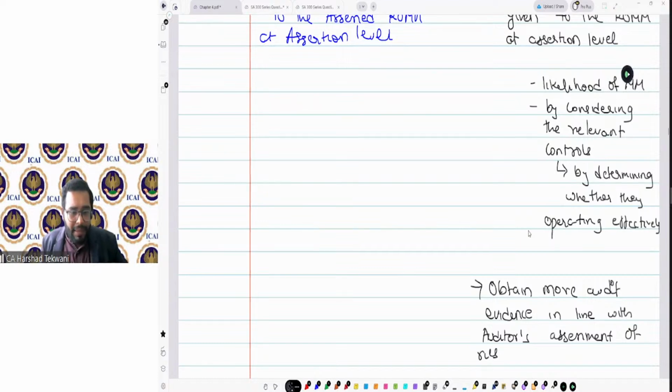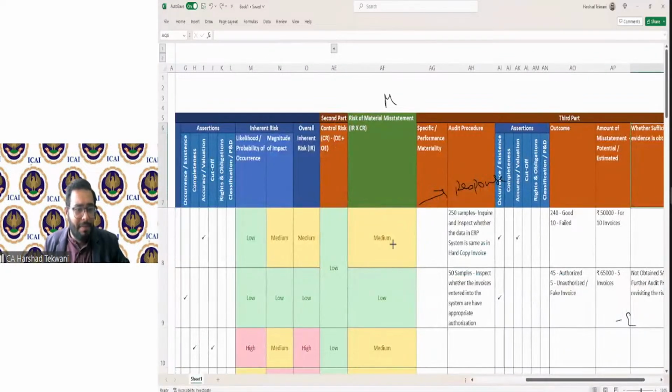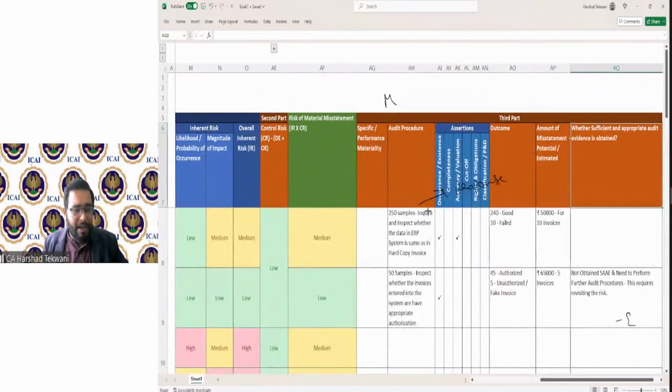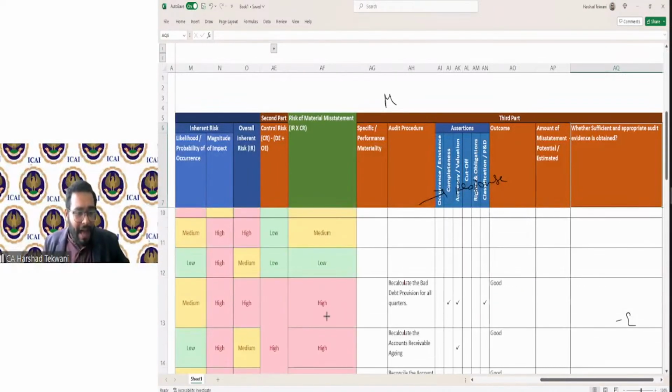It means that whatever risk we decided over here, if we are saying the overall risk of material misstatement is medium, then we need to obtain appropriate audit evidence with respect to that risk. If it is medium, then I test 250 samples. If it is low, I test 50 samples. If it is high, I will test all the quarters.